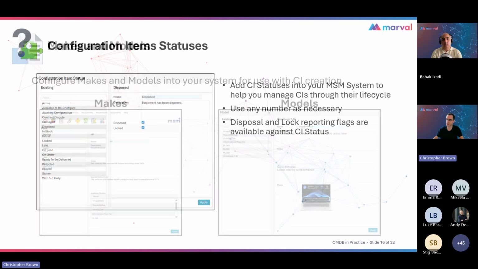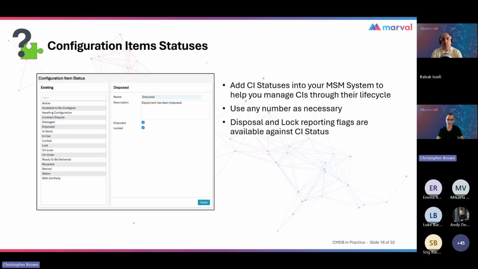I will also just mention that configuration item statuses can be stored in your CMDB. These are very important because they can be amended at any point. They can also be amended through the synchronization with your third-party asset register, which may run, for example, daily and amend the values accordingly.